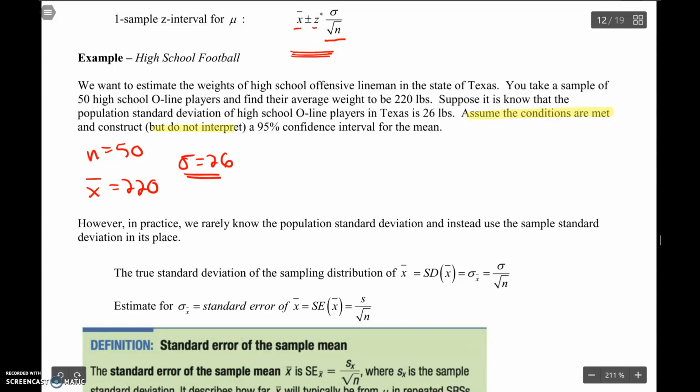Basically, this question is just asking us to actually do the mechanics. So estimate plus or minus crit value times the standard deviation of your estimate. Plug in the values. 220 plus or minus, for 95% confidence, 1.96 times 26 over the square root of 50.